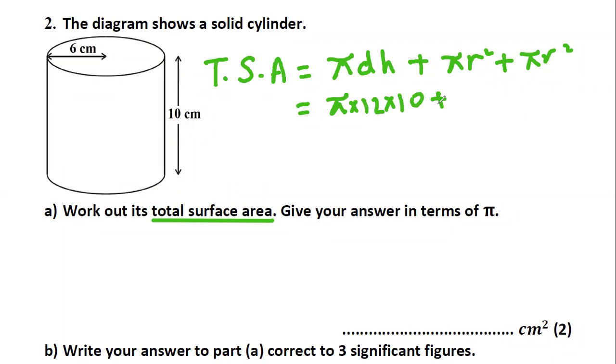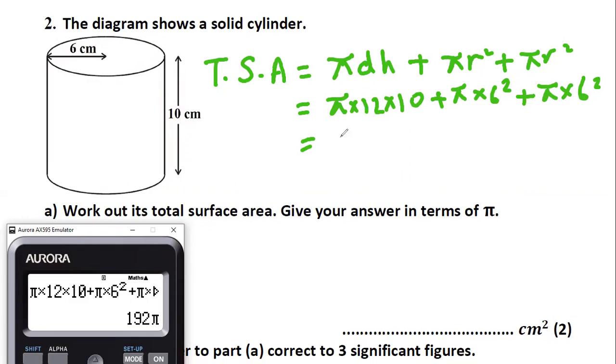And pi r squared, we write pi times 6 squared, and again pi times 6 squared. Altogether, I've just used my calculator, this will give me 192 pi. That's my answer, and we are required to leave our answer in terms of pi. So 192 pi centimeters squared.